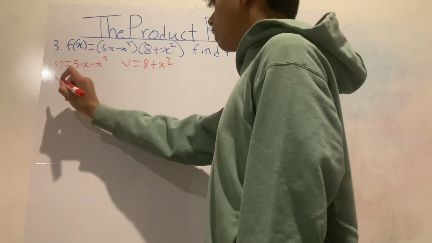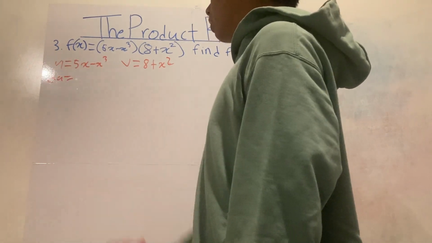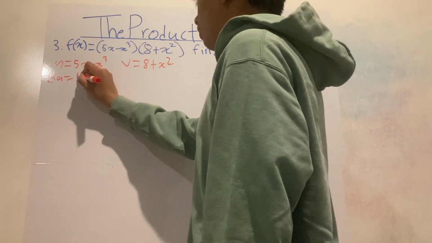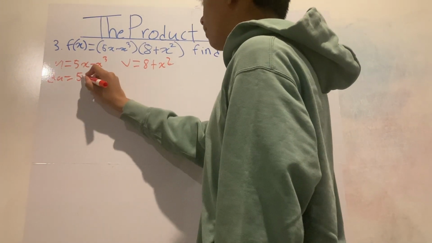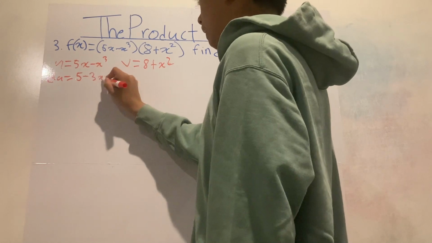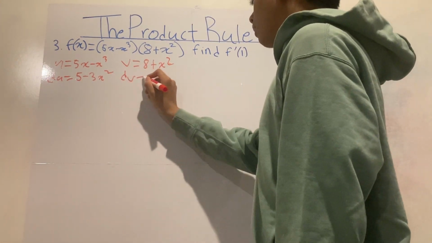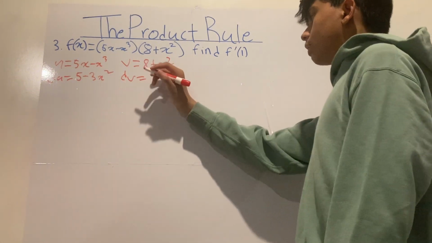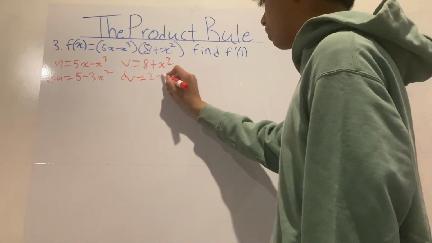And we also have du, which is equal to the derivative of 5x, which is just 5, and the derivative of negative x cubed is just negative 3x squared. And for dv, the derivative of 8 is 0, and the derivative of x squared is just 2x.